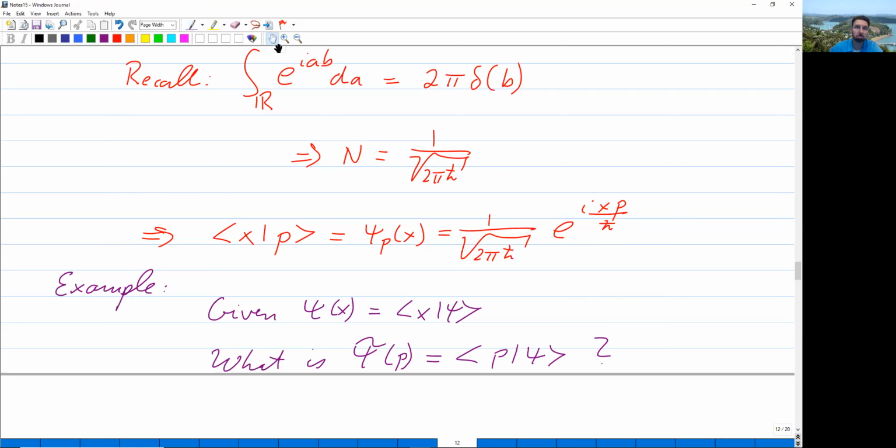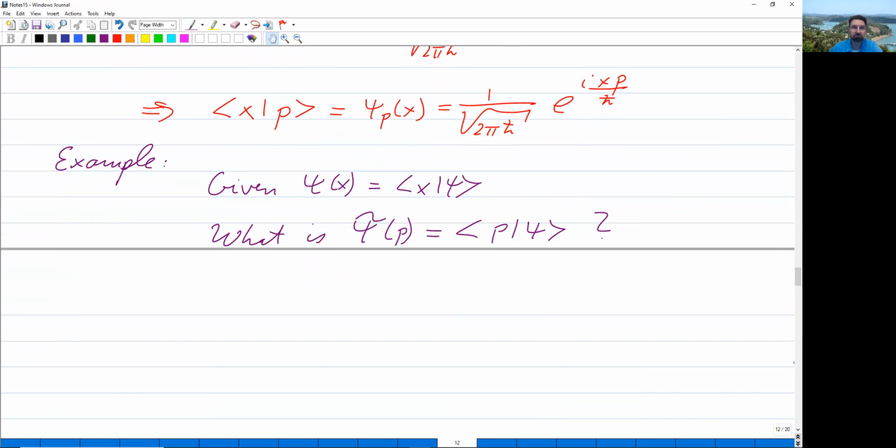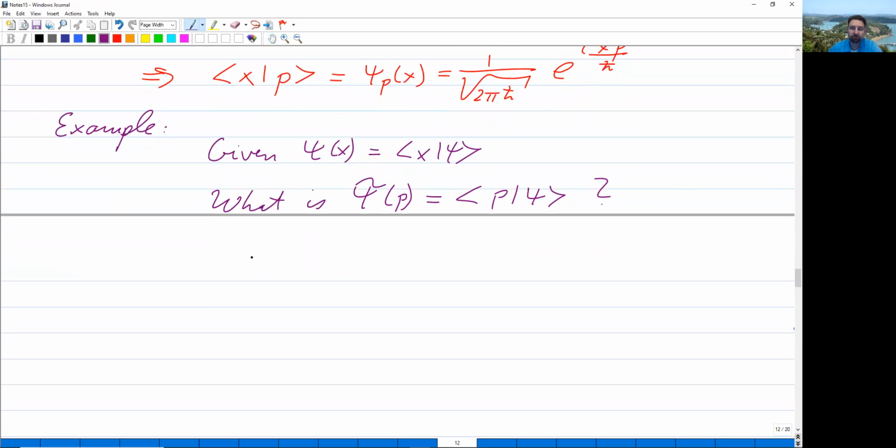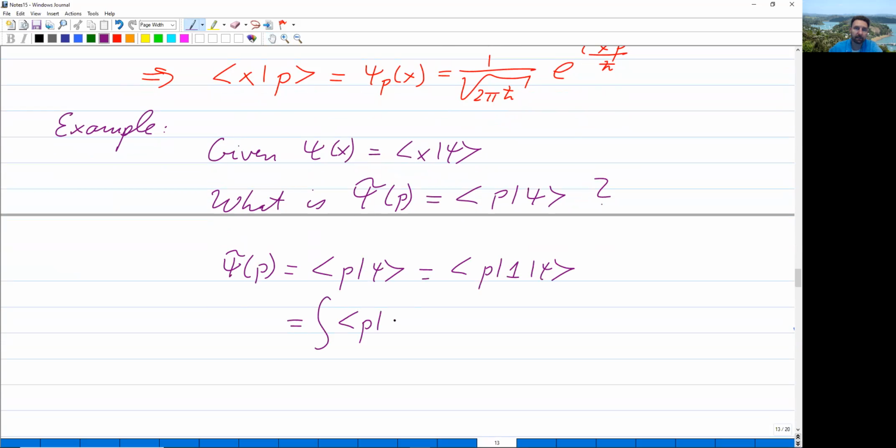Well, let's just calculate it straightforwardly. What we have is psi tilde of p is equal to, by definition, the overlap of p with psi, which, if we put in a resolution of the identity, is p, then the resolution of the identity, x, and then psi, and dx, integral over the real line.